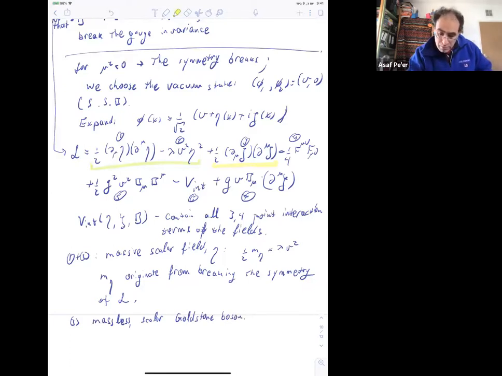Now, okay, what about terms 4 and 5? So what are these terms? What field appears in these terms?